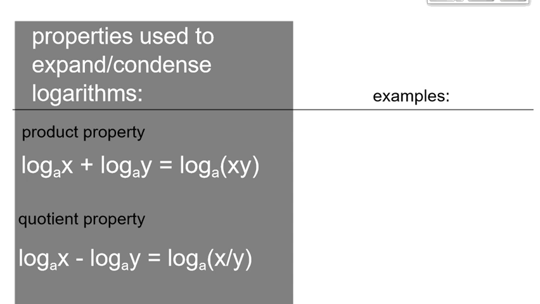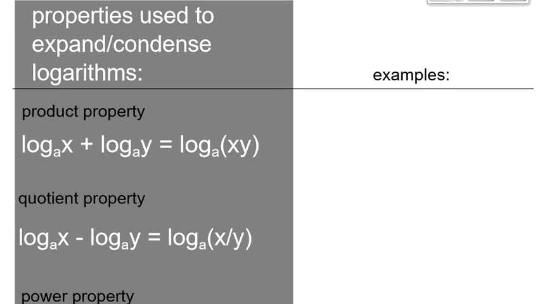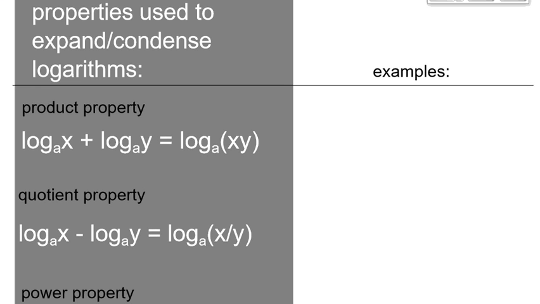And finally, we have three more properties. I've called them properties used to expand and condense logarithms. You'll recognize these from Algebra 2, but I'm sure you want some practice, which we'll do next time. We have the product property, the quotient property, and the power property.